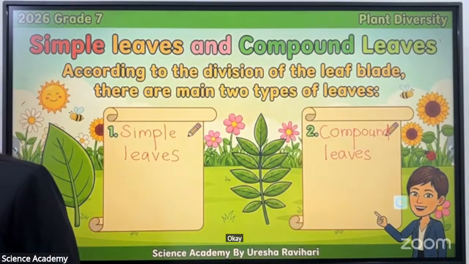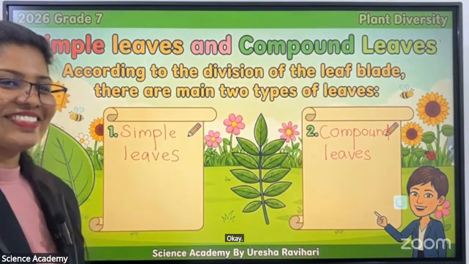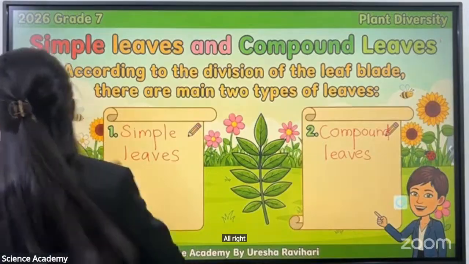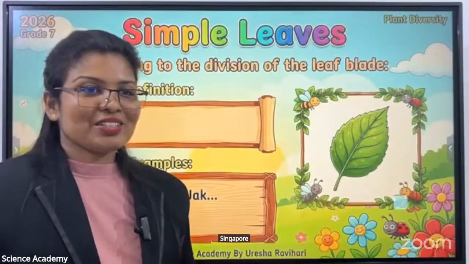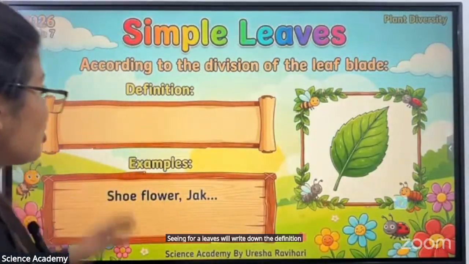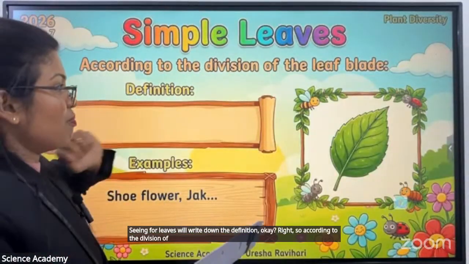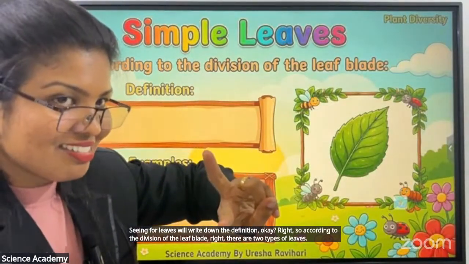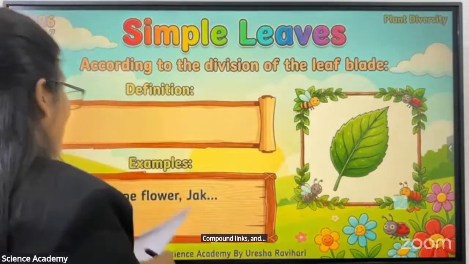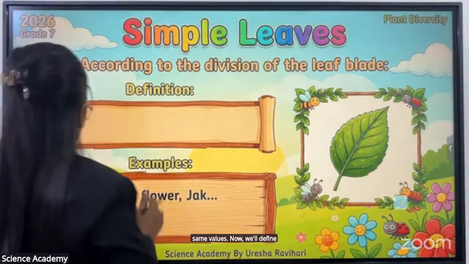All right. So then we'll move. Simple leaves, we'll write down the definition. Okay. Right. So according to the division of the leaf blade, there are two types of leaves, compound leaves and simple leaves. Now we will define simple leaves.